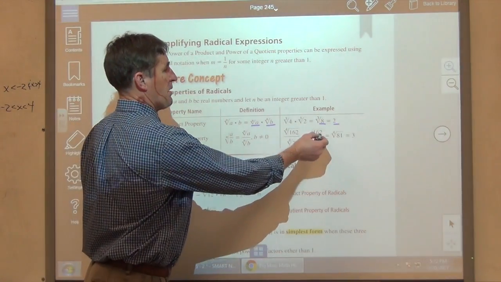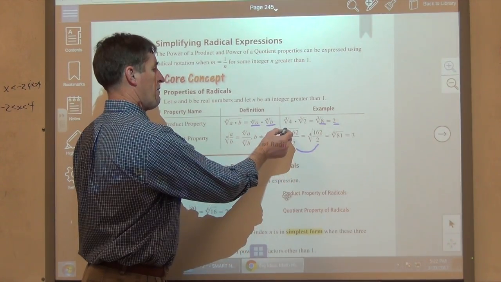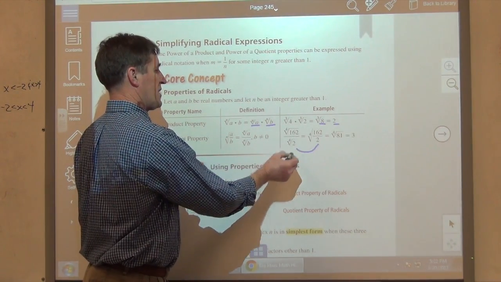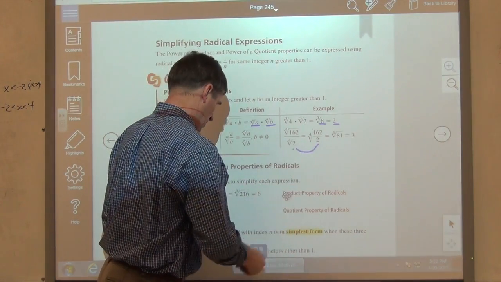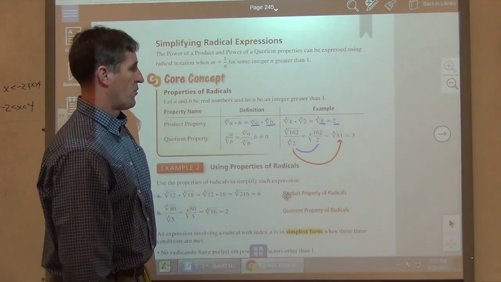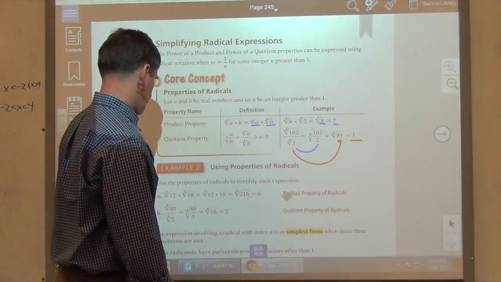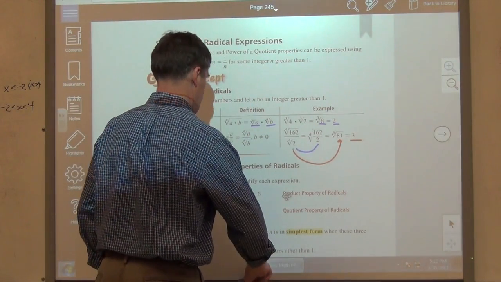You don't need to take the time to rewrite this. You can just say, oh, these are both 4th roots, so I can divide 162 by 2 and get 81, and I can go directly from here to there. And then the 4th root of 81 is 3. So, they've got some examples here for us.